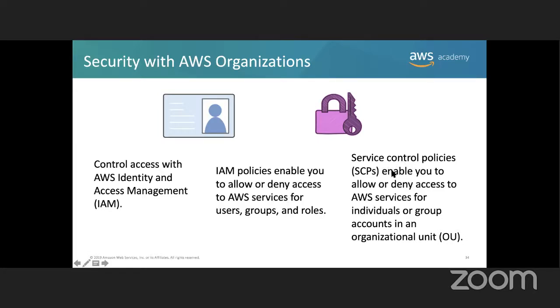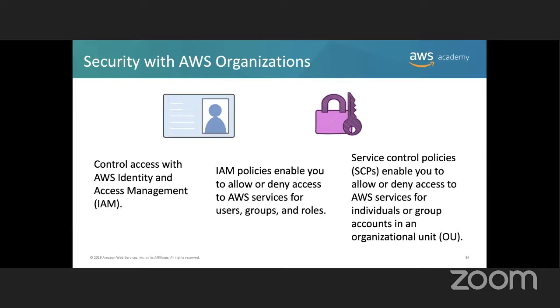Service control policies, also known as SCPs, enable you to allow or deny access to AWS services for individual accounts or groups of accounts in an organizational unit. IAM is to deny access to services for users, groups, and roles. You may have only one account in your organization.